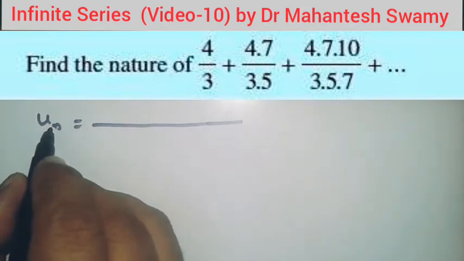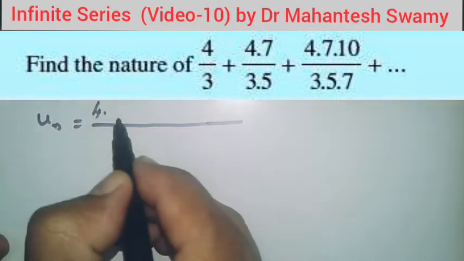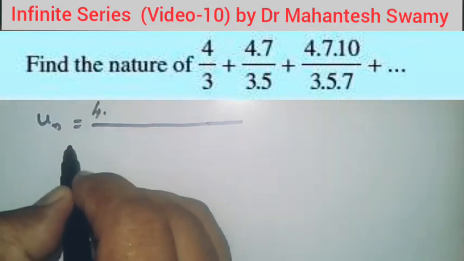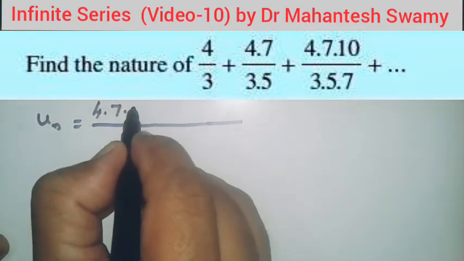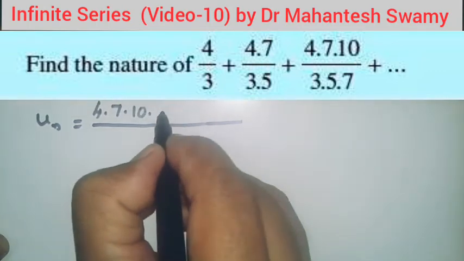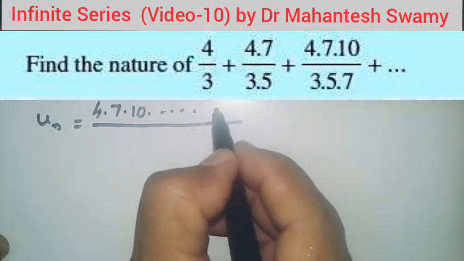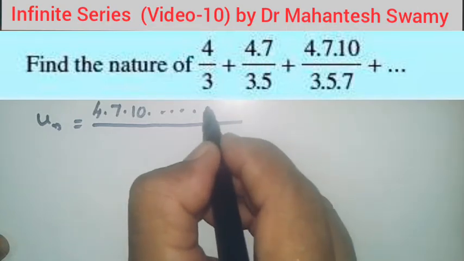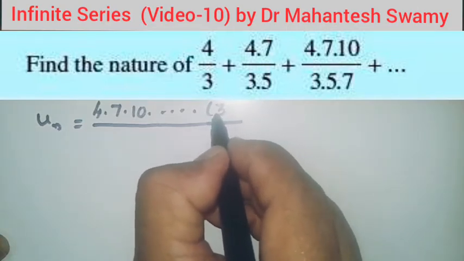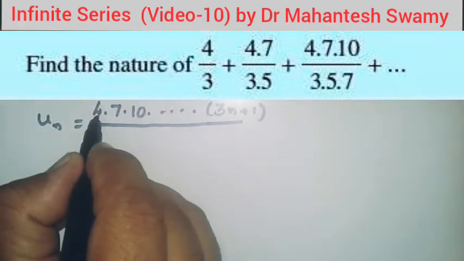So when we write the nth term, we should start with the first factor, 4. The second factor is 7, the third factor is 10, and what should be the last factor? The last factor, that is the nth factor, is 3n plus 1.